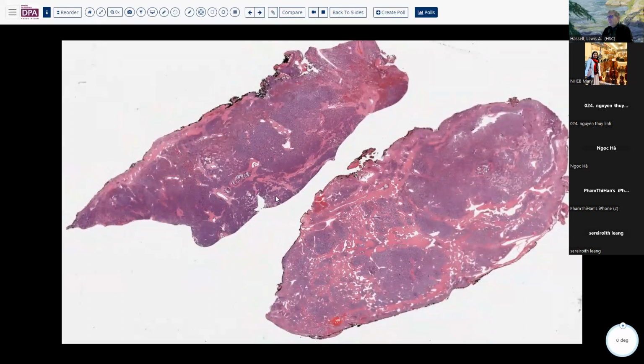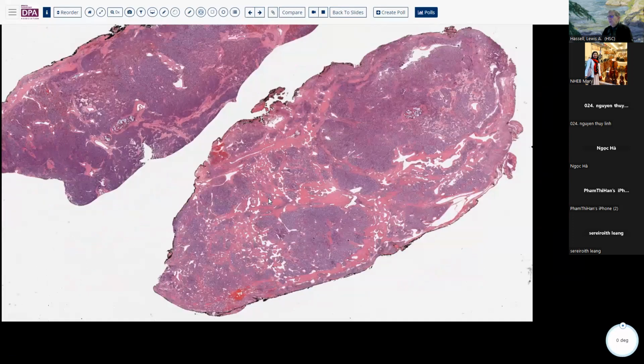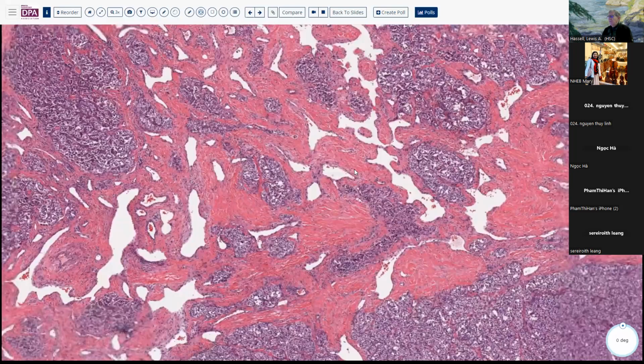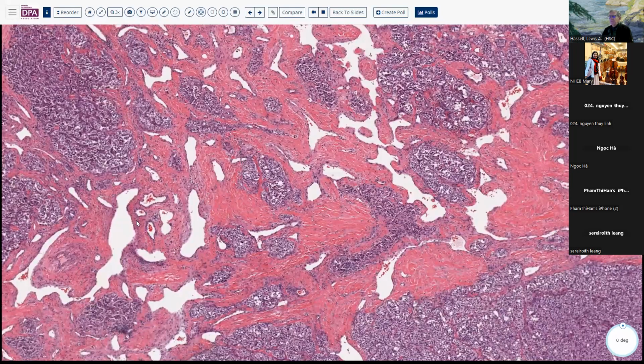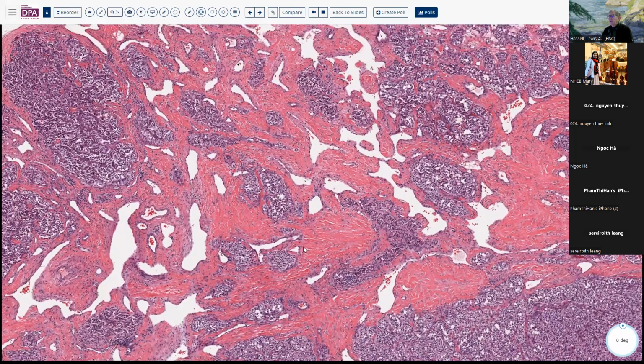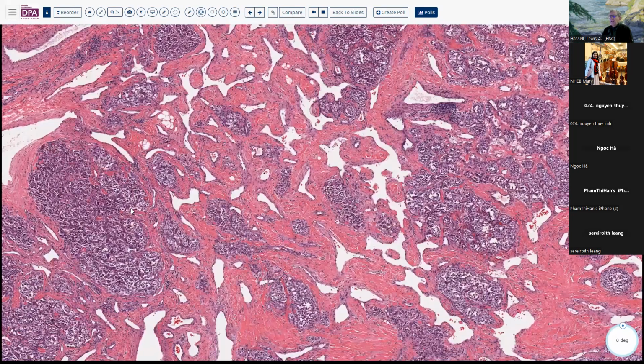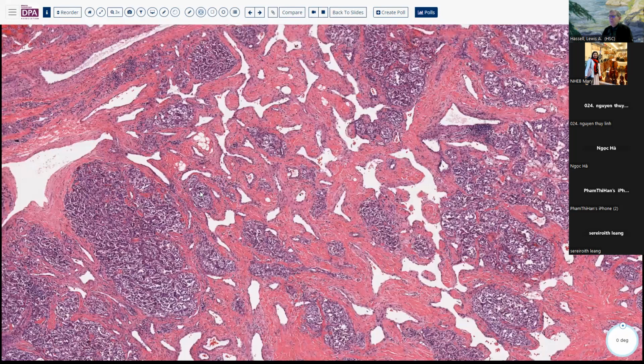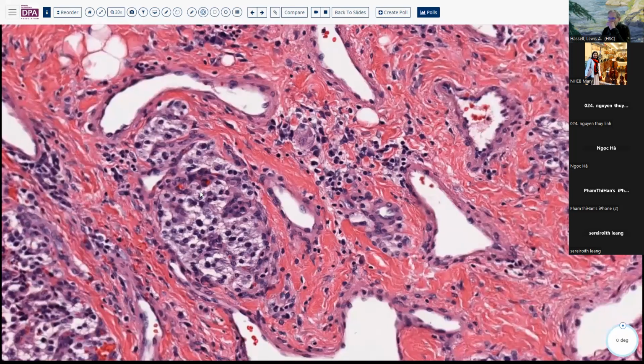Here's another example. This one has a very anastomosing vascular network and some hyaline type collagen here. Again, we see a nested pattern, a little bit more clear cytoplasm than the grayish purple we had in the last one.